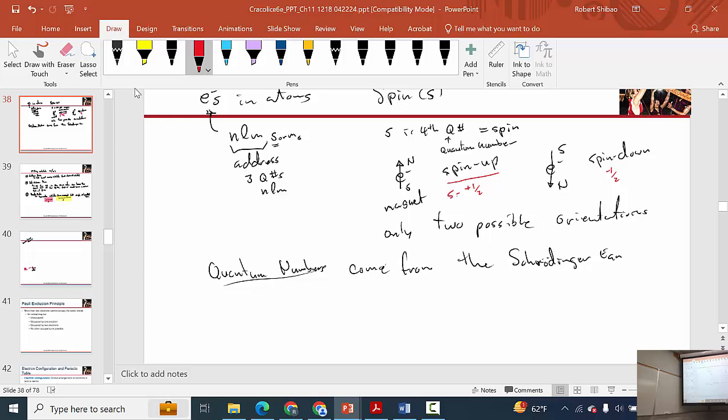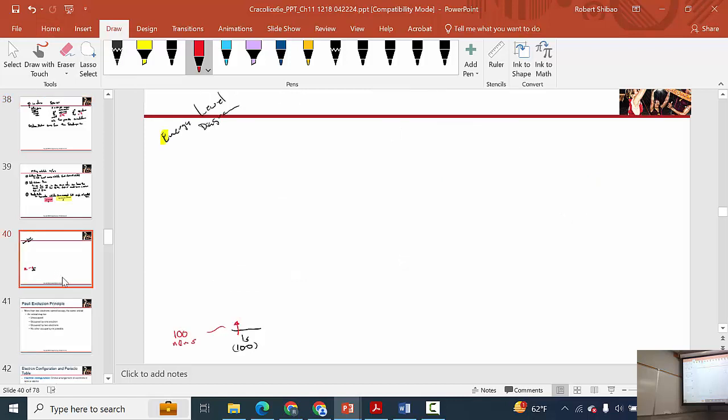And so S equals plus 1/2, that's spin up, and S equals minus 1/2, that's spin down. So this is spin up. So we're going to call this electron 1,0,0 plus 1/2. That would be it. And so this is what we call the ground state. Now, if we excite this electron, where can it go?